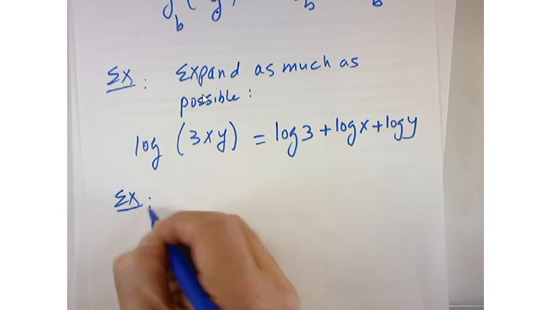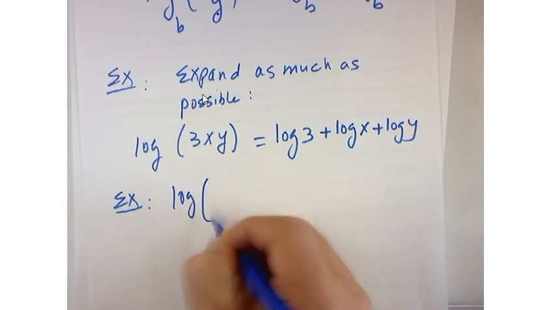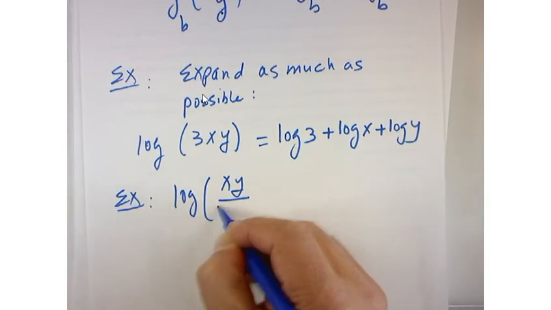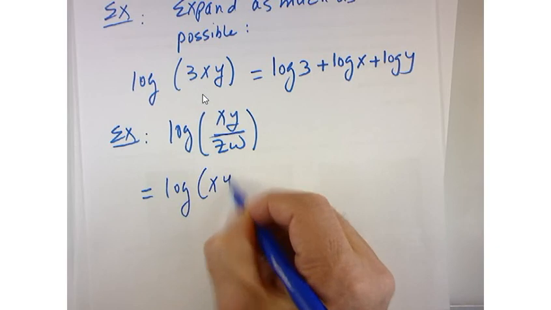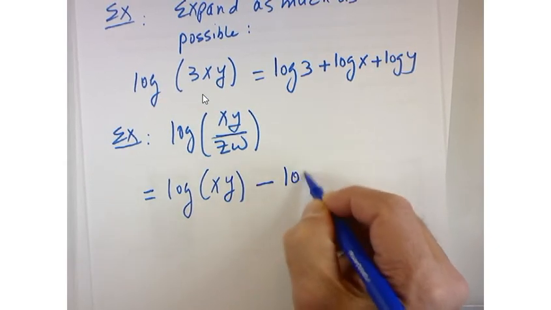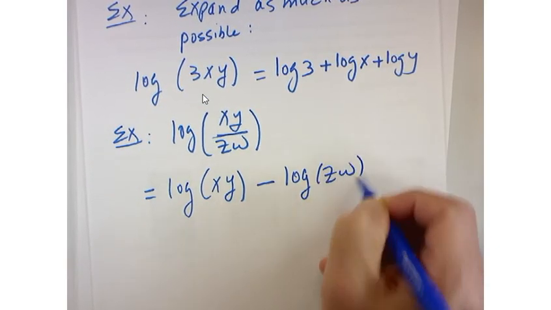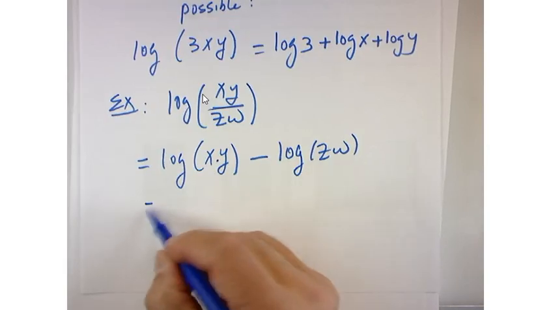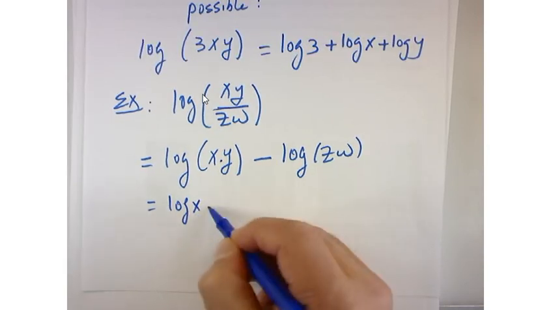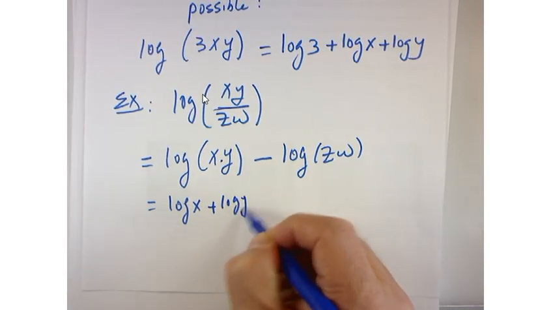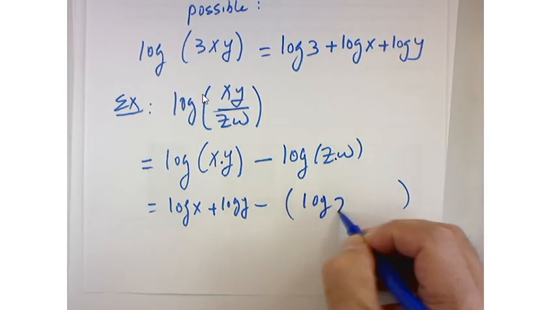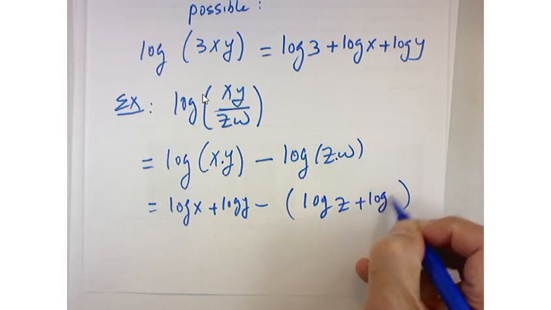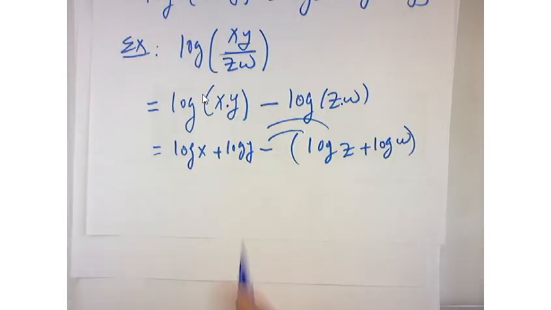Now if you have, say, log of xy over zw, again, since it's division, we change it into subtraction, so log of the top minus log of the bottom, but this is product, so it's going to be log of x plus log of y minus, again, that's a sum, log of z plus log of w, but then the negative will change all these signs.